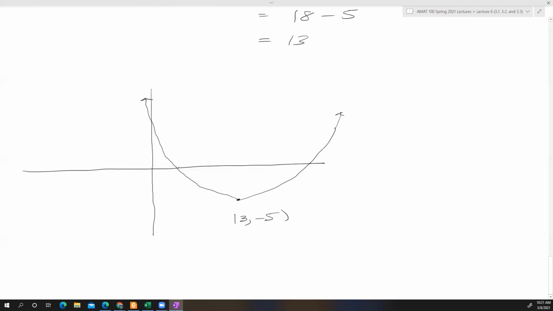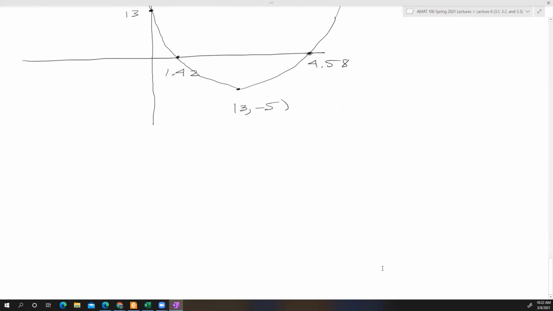This number right here is approximately 1.42 for one x-intercept, this one is approximately 4.58 for the other x-intercept, and this number right here is exactly 13. So the plot is going to look like this. Of course, if you're doing it by hand with paper and pencil, you could probably do a better job. But just from the standard form, we can gather a lot of information.